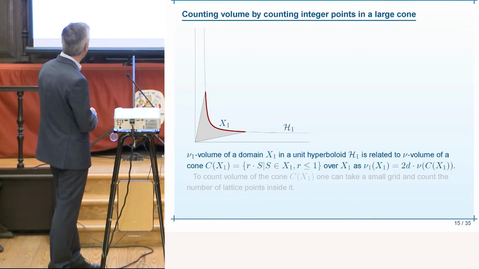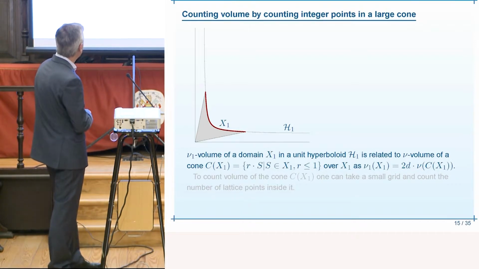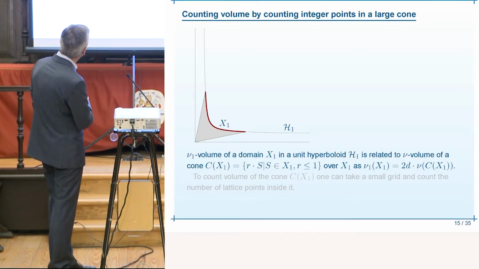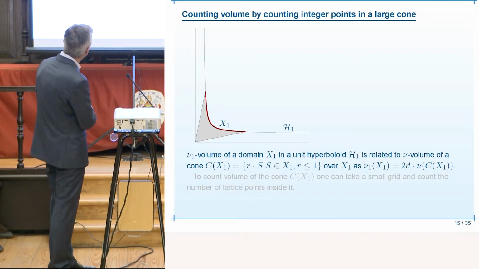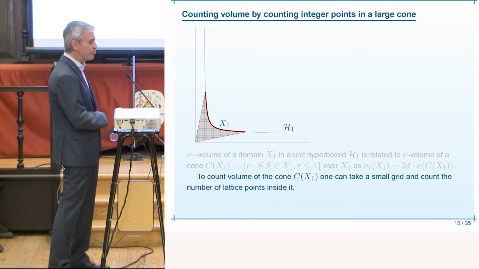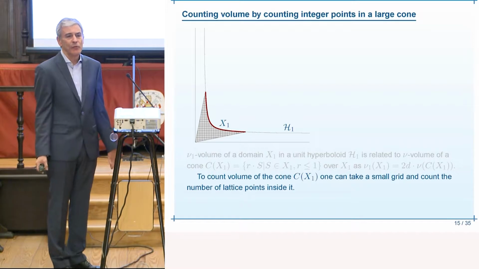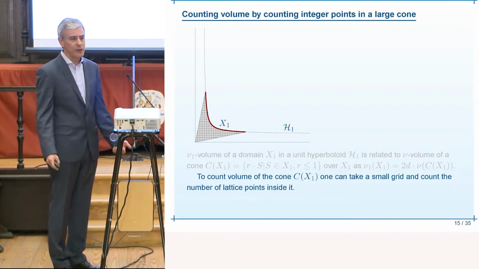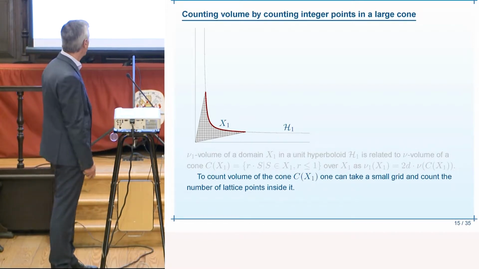The second remark is that to compute the volume of the corresponding cone, which is based on this unit hyperboloid, one can consider a small grid and just count the number of rational points in this grid and then normalize, and in the limit you get volume.